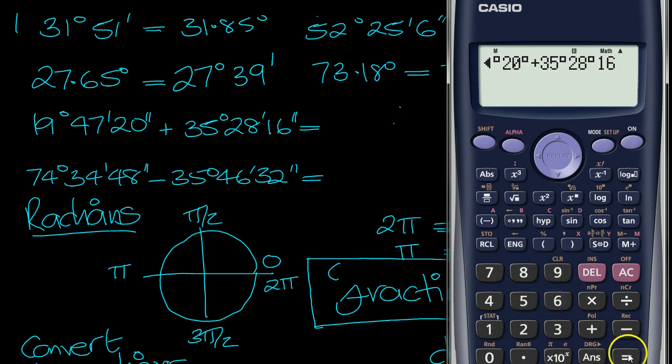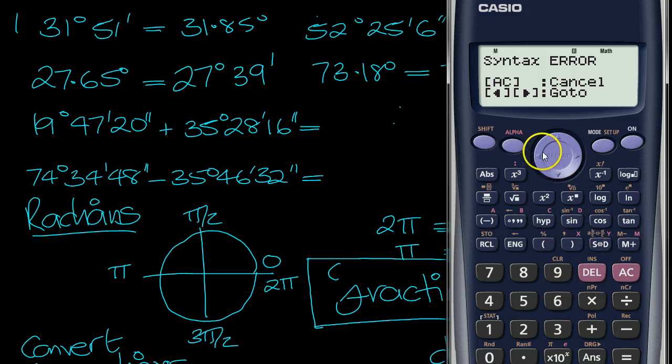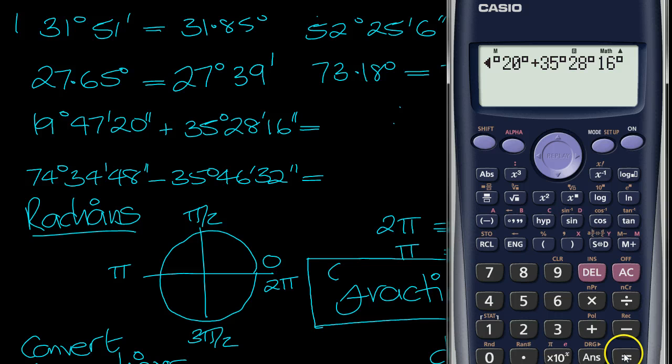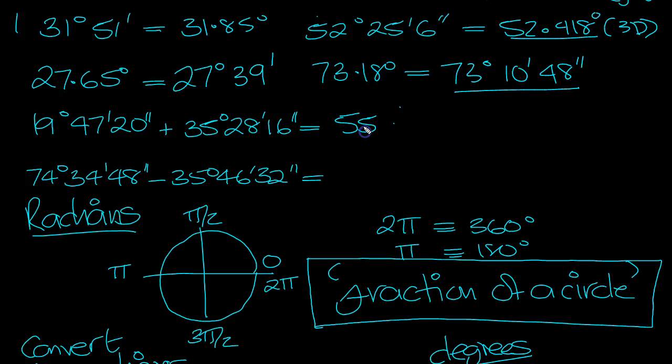There we go. Let's have a look where I've gone wrong. 35, 28, 16 seconds. There we go. 55 degrees, 15 minutes, 36 seconds.